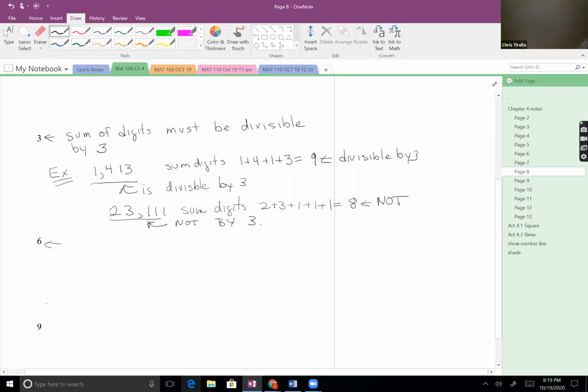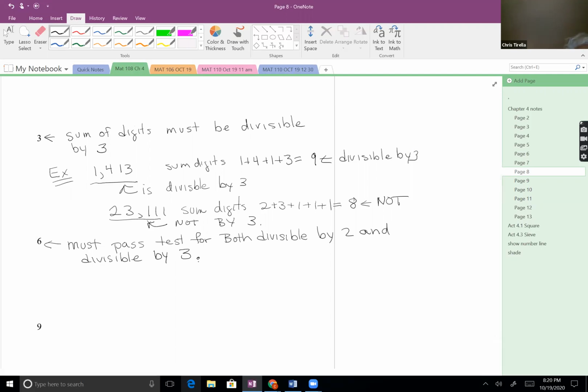Next one, to tell if a number is divisible by 6, it must pass the test for both divisibility by 2 and divisible by 3. And so it has to be even, and the sum of the digits must be divisible by 3.